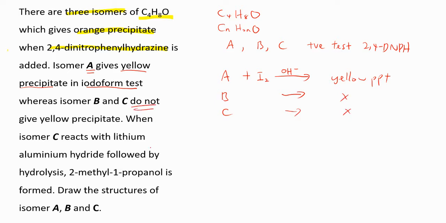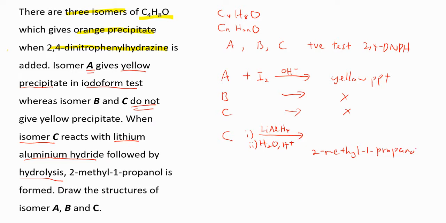Now when isomer C reacts with lithium aluminium hydride followed by hydrolysis, it will produce 2-methyl-1-propanol.